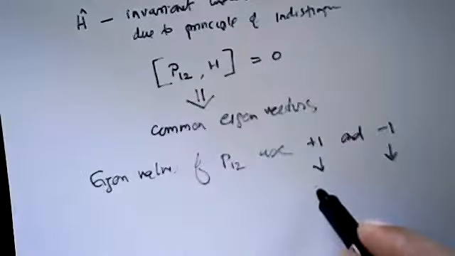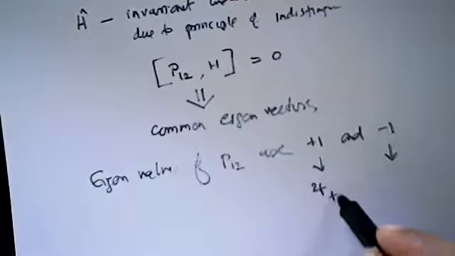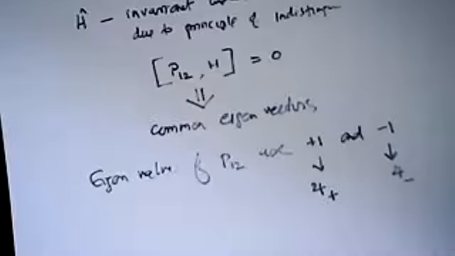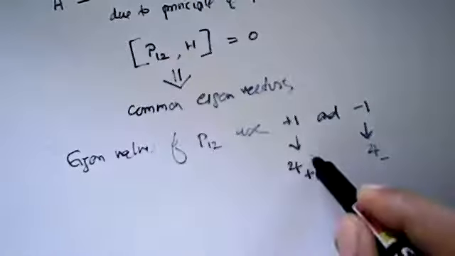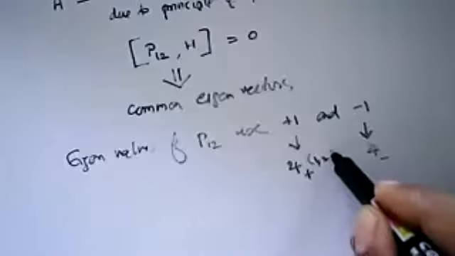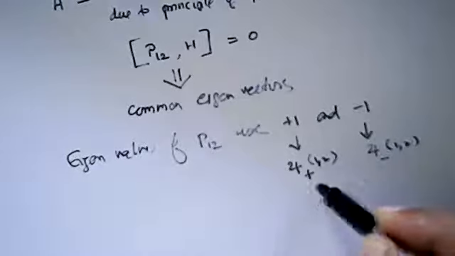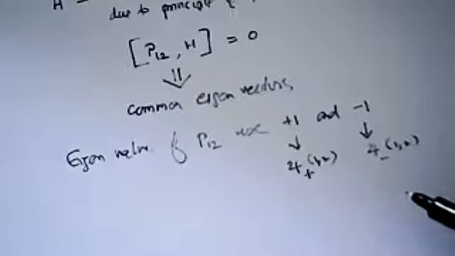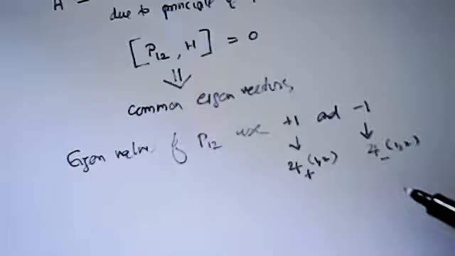Let us call them psi plus and psi minus. Psi plus and psi minus are the eigenvectors corresponding to the two eigenvalues.